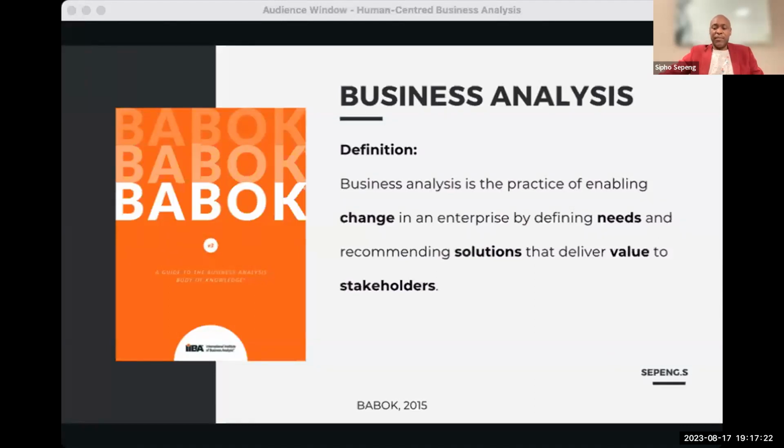So the theme of articulating needs and designing solutions that could meet those needs and deliver value to stakeholders is coming out quite strongly at the core of this definition.